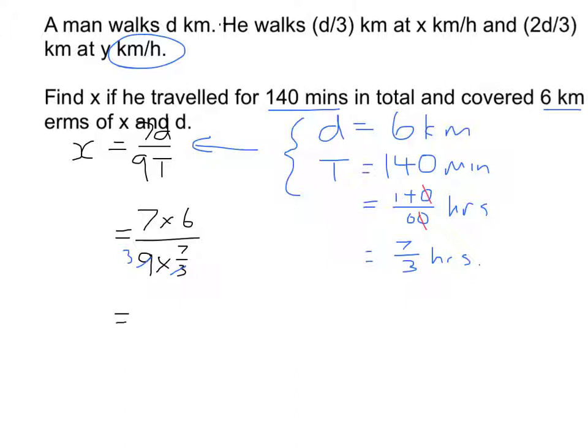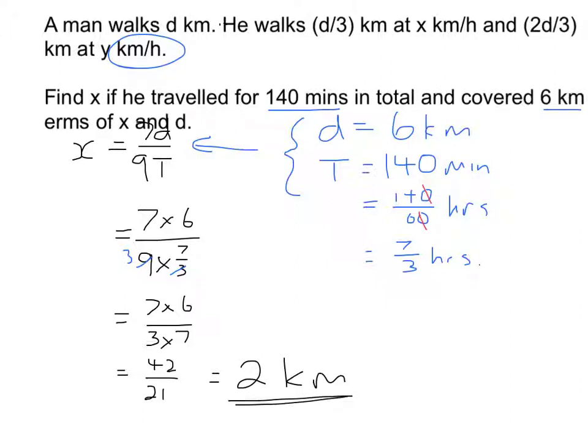So this will now be equal to 7 times 6 over 3 times 7, which equals 7 sixes are 42 over 3 sevens 21. 42 divided by 21 is equal to 2. So our answer will be 2 kilometres. That should be kilometres per hour. Make sure I get that right.